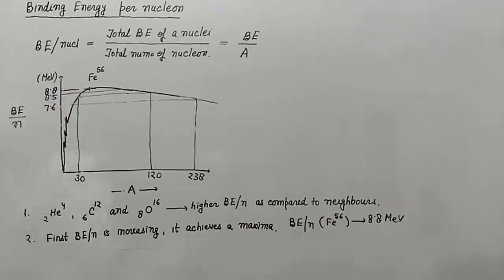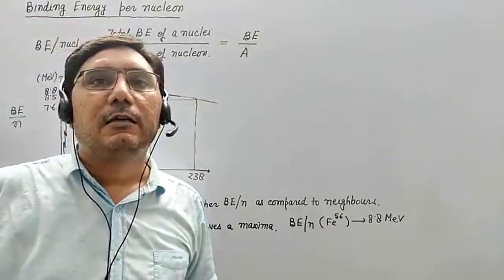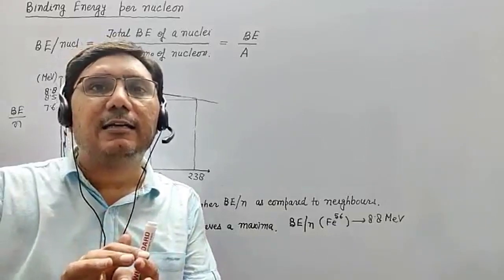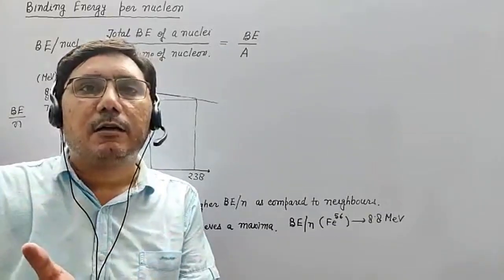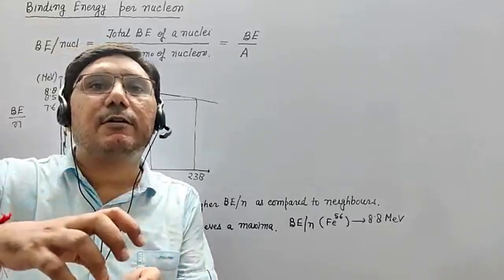We can explain this type of variation on the basis of the liquid drop model. Basically we can compare the nucleus with a liquid drop and explain it using the properties of the liquid drop.